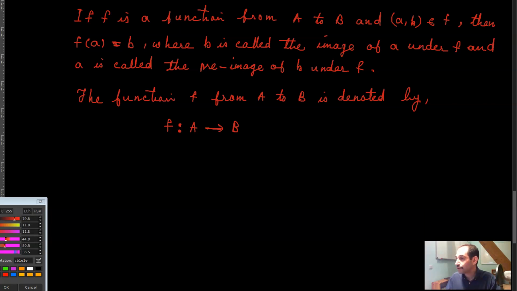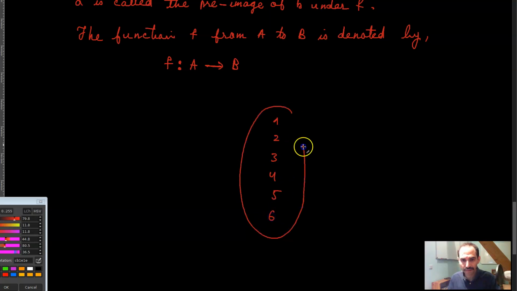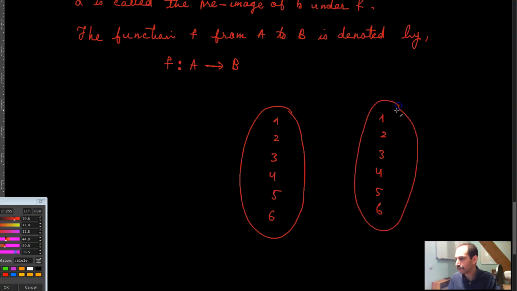Example number 7 was exactly this situation here. So basically we had this set over here, 1, 2, 3, 4, 5, and 6, and we have this set over here. Now you can call them anything, not important right now. And the mapping is basically done this way.